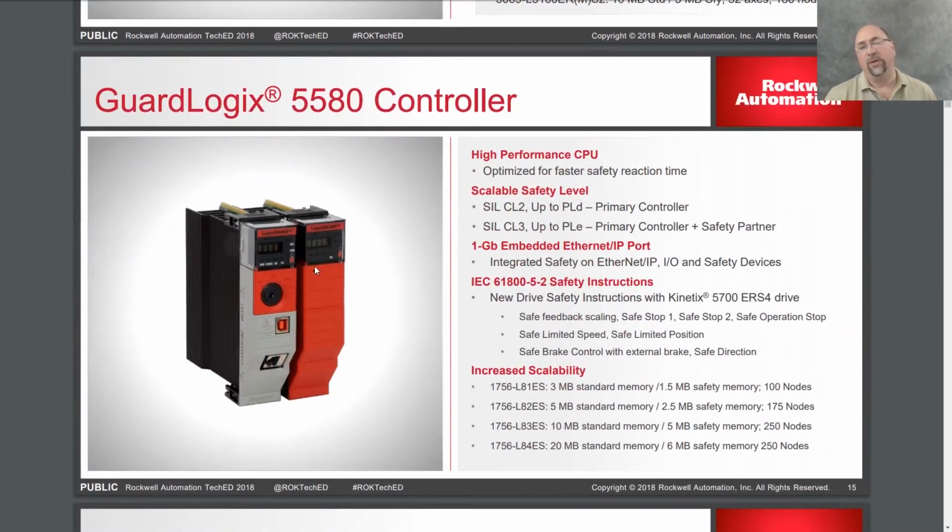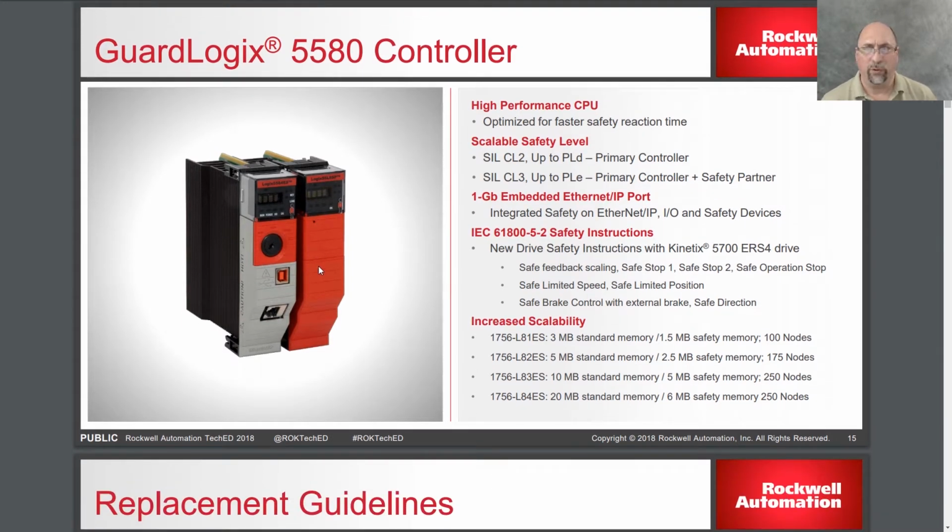Okay, now the cool thing with the 5580 safety PLC is that you don't need the partner if you're not doing SIL CL3 or PLe. So you can see that right here. If you were just doing SIL2 or SIL CL2 up to PLd, you only need the primary controller. You couldn't do that before with Rockwell products. So that's a pretty cool thing.